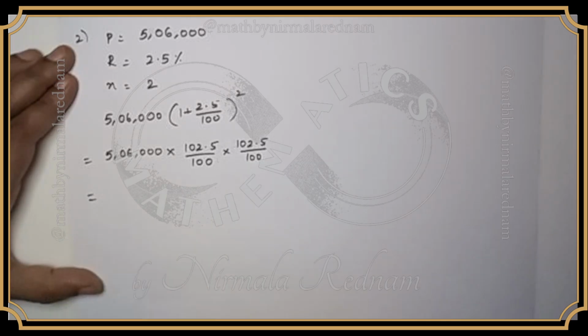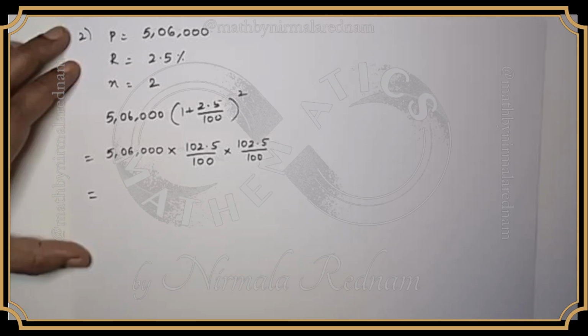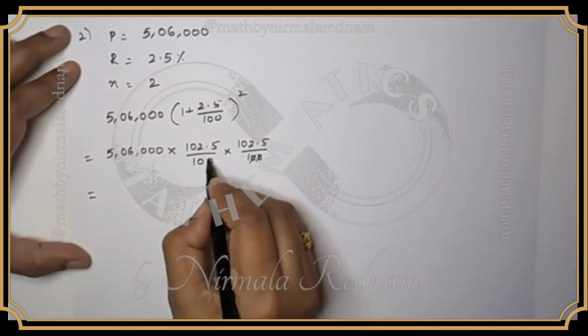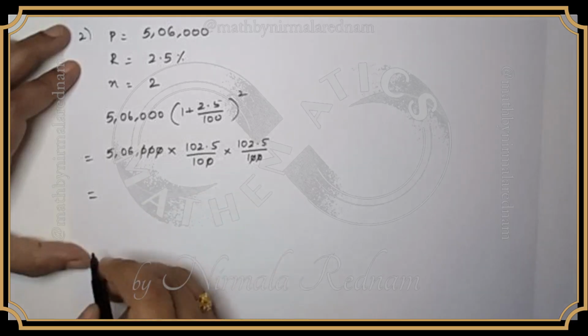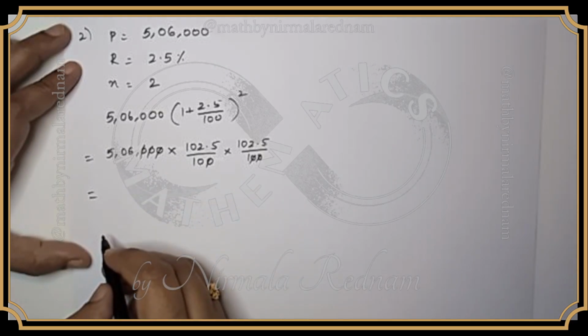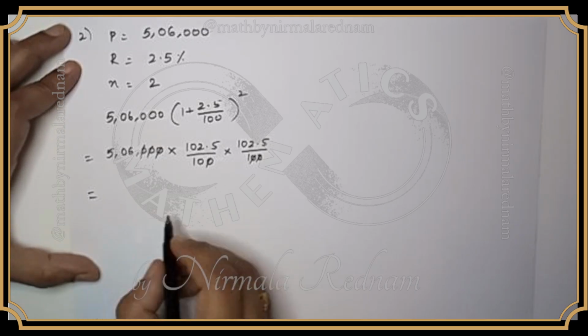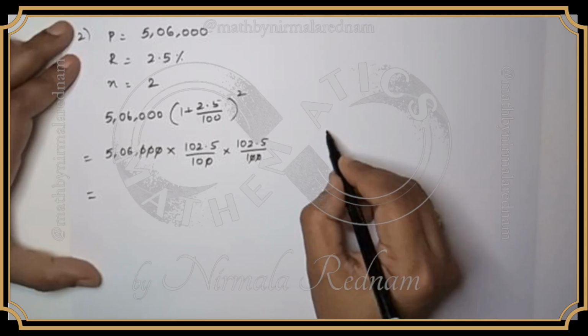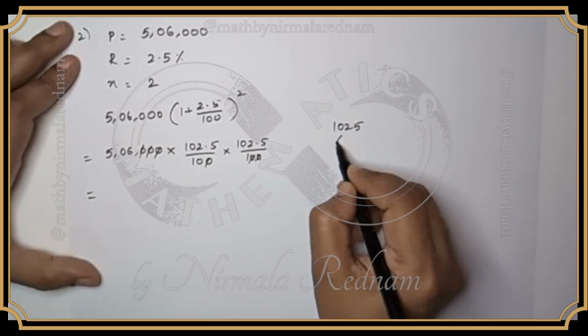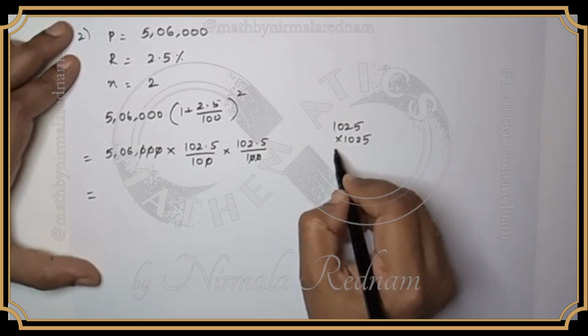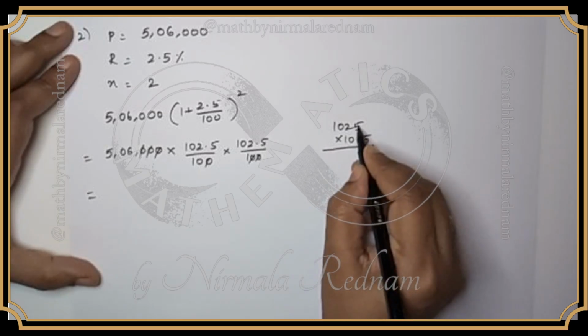So here you can cancel the 3 zeros, and then you can multiply these numbers. Let us do it. There's no division, so it's only the multiplication which is big, but that's okay.